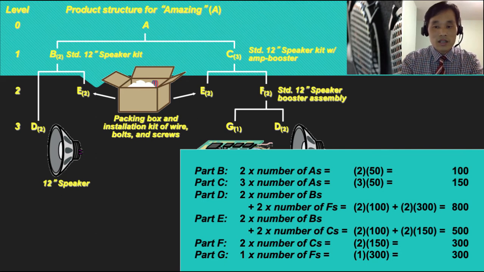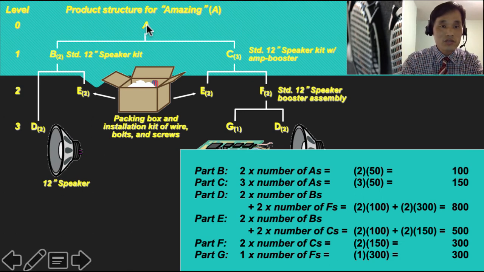Let me ask you one more question. If a customer ordered 300 speakers, how many Ds do you need? Now you have 300 instead of 50, so how many Ds do you need? Notice that on your left you have Ds, and on your right you have Ds too, and you have to look at the ratio and calculate all the way down.